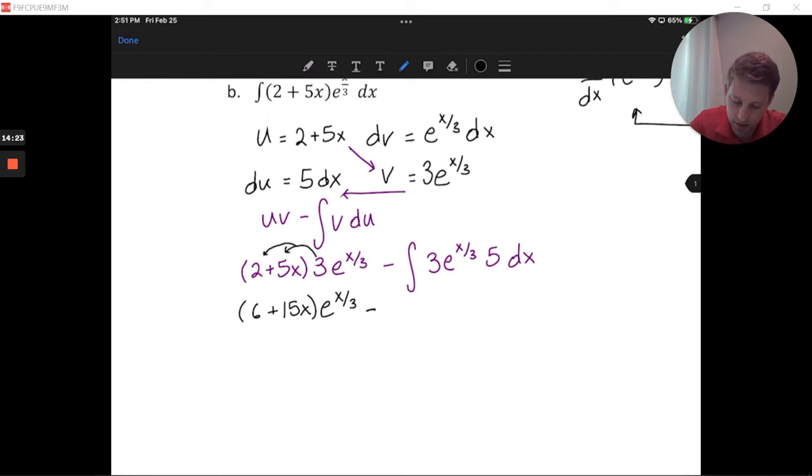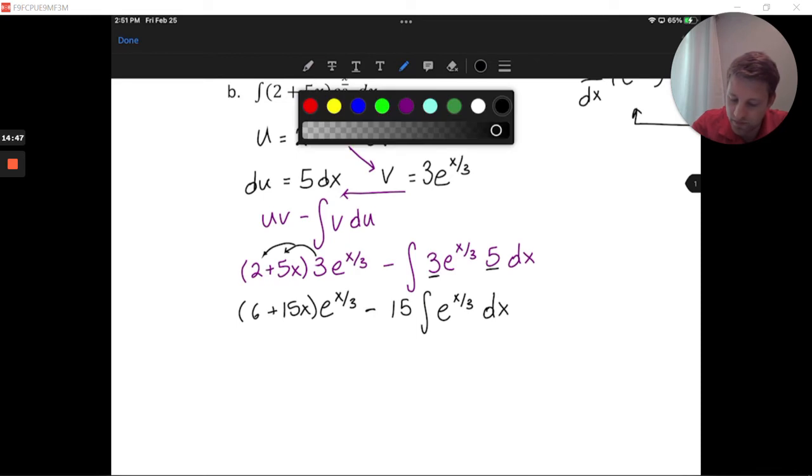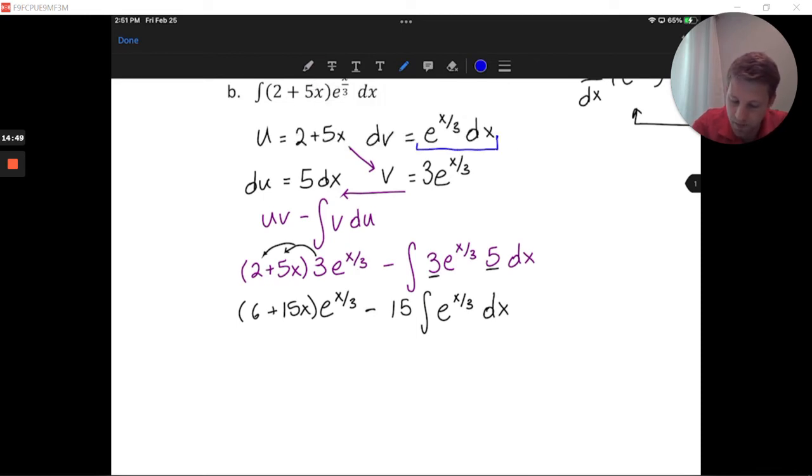Subtract. It looks like I have a couple constants here that I can combine, and I'm going to pull those outside the integral. So I have 15 times the integral of e raised to the x over 3 dx. Now, notice what we have here in my remaining integral. This is the same function that we started with in our dv function, right here.